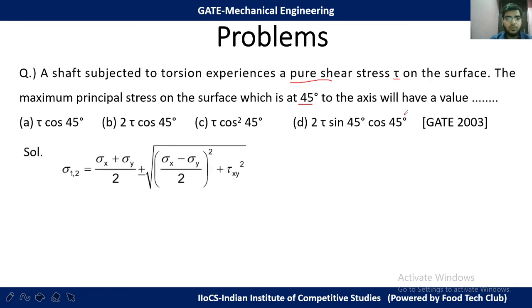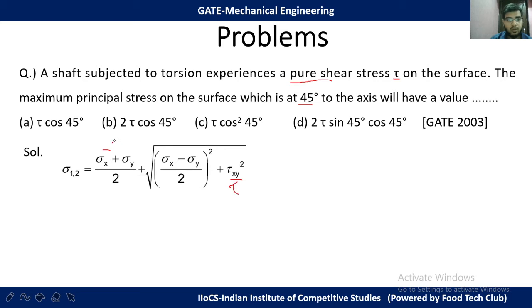So for the solution we have this formula. Here sigma x and sigma y will both be 0, because no axial stress sigma x is active, and only tau xy. For tau xy we will put tau.